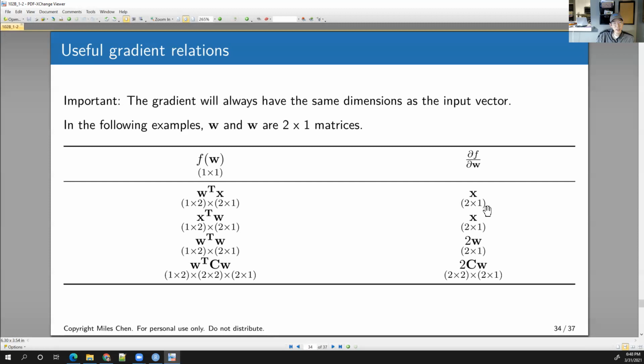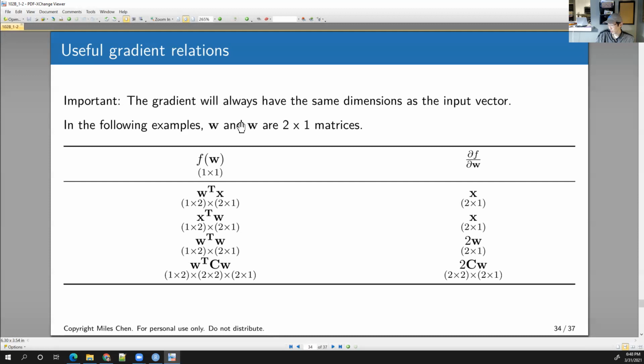Sometimes students ask, why am I not getting X transpose over here? And the answer is again, the resulting gradient needs to have the same dimensions as W. And W is a 2 by 1, so the result needs to be 2 by 1. Now there's a typo here.